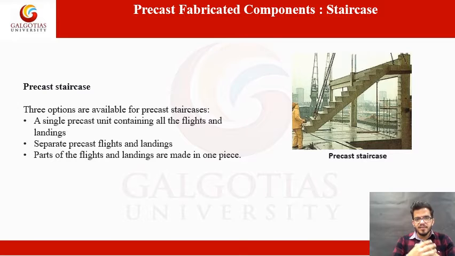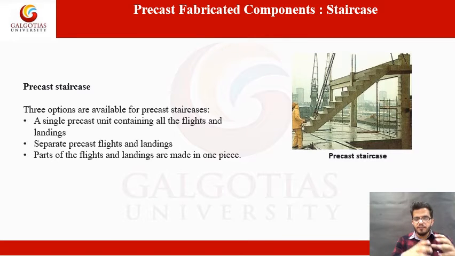Three options are available for precast staircases: a single precast unit containing all the flights and landings, separate precast flights and landings, or parts of flights and landings made in one piece. So we have three different types. We have a single module, a single block of staircase that is transported to the site and then fabricated with different components.